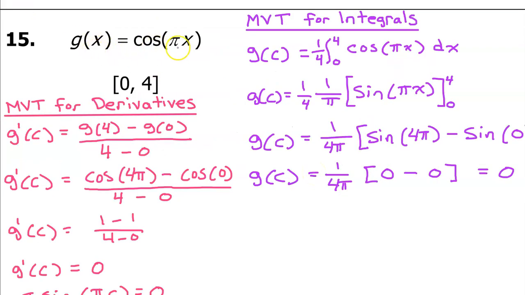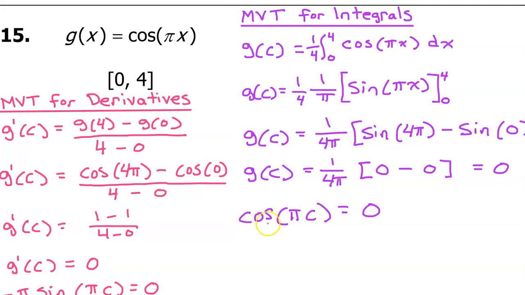G of x is cosine of pi x, so g at c is cosine of pi c, and this is equal to 0. Let's go ahead and solve this equation for pi c. Ask yourself, where does cosine equal 0?